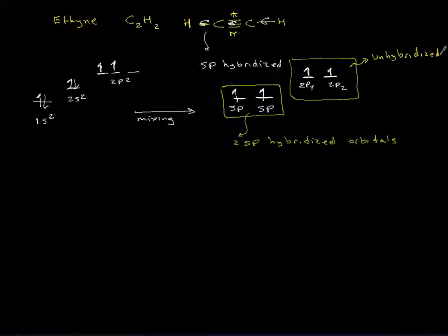Now I'll try to draw the shape for this. This is extremely difficult, but 1 carbon is here. This is an sp hybridized linear shape, and then I put my hydrogens. So the hydrogen comes here. And this is a sigma bond. So I already formed a sigma.